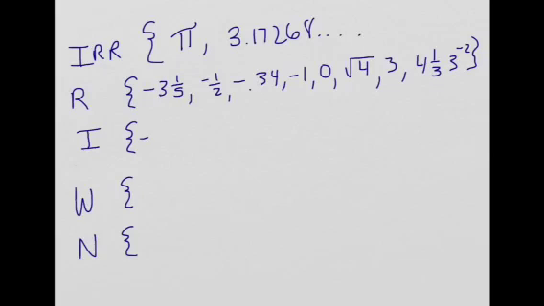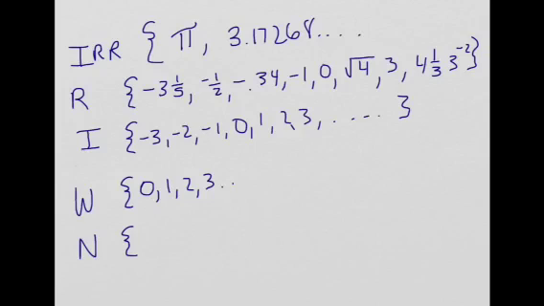Integers are only whole numbers that are positive or negative. So you could start out with -3, -2, -1, 0, 1, 2, 3, and so on. Whole numbers will only be positive, and they start with 0. So that would be 0, 1, 2, 3, and continuing on.